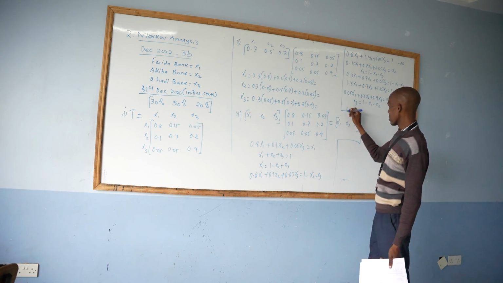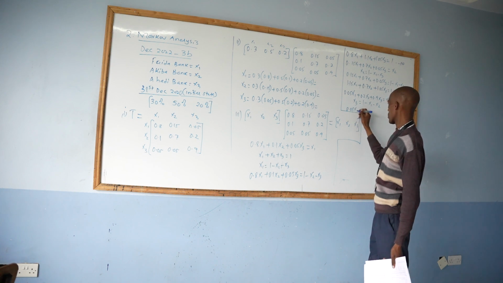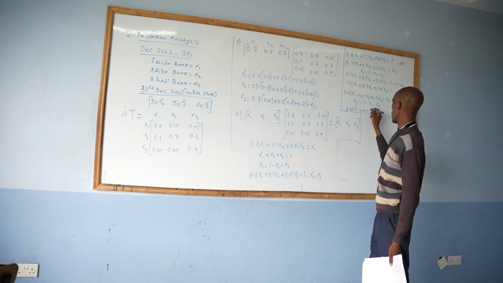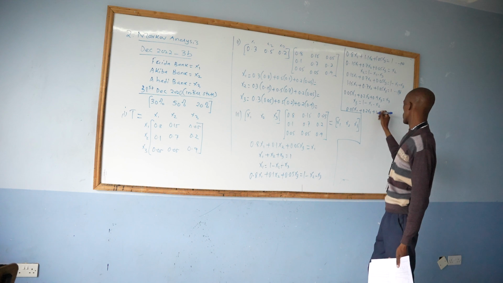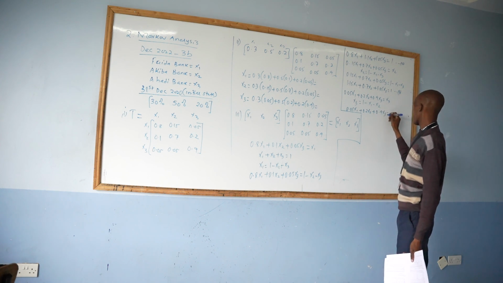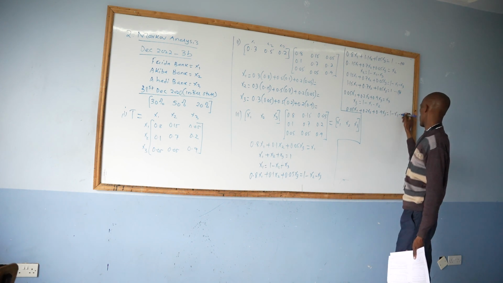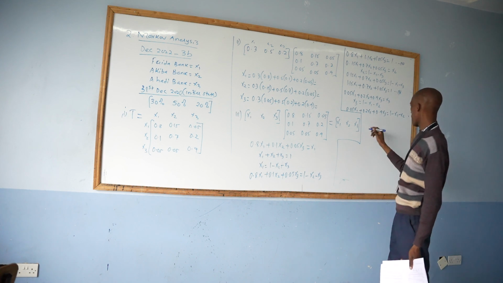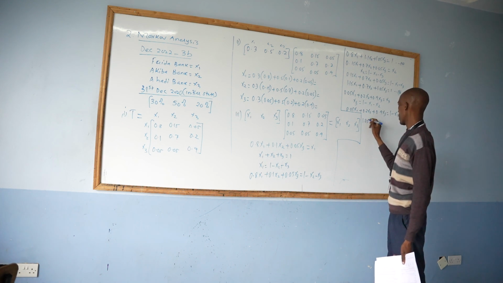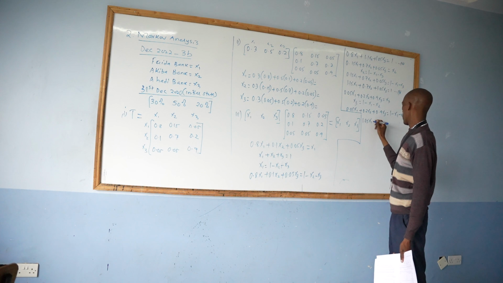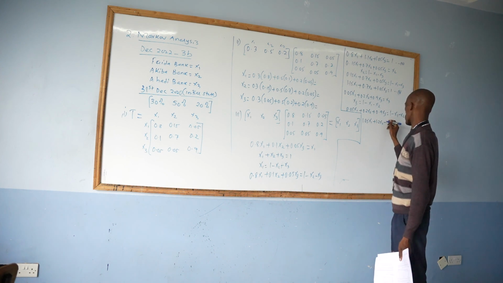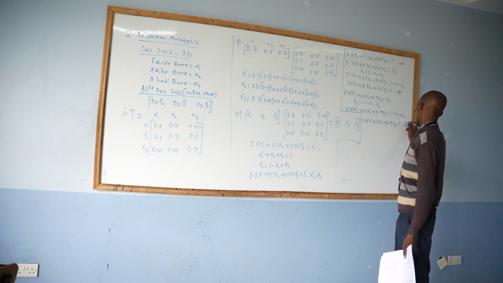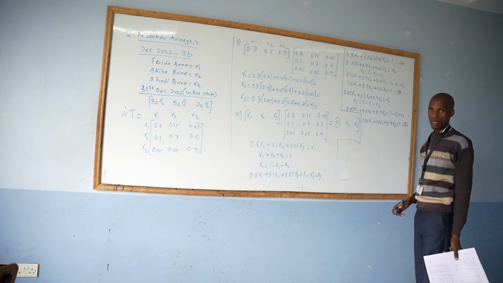So you can say 0.05x1 plus 0.2x2 plus 0.9x3 equals 1 minus x1 minus x2. Put the right terms together. 1.05x1 plus 1.2x2 plus 0.9x3 equals 1. You have three equations. Solve them simultaneously.